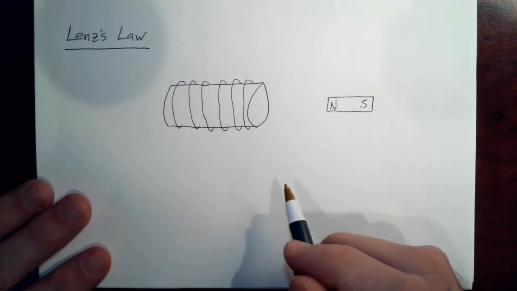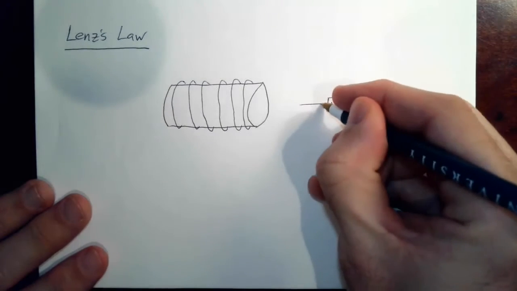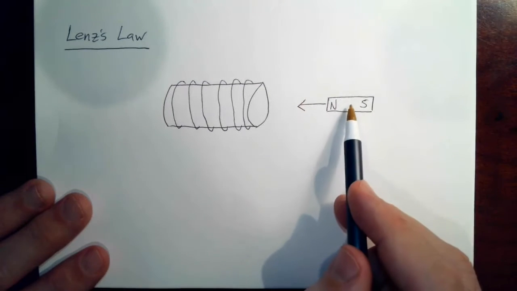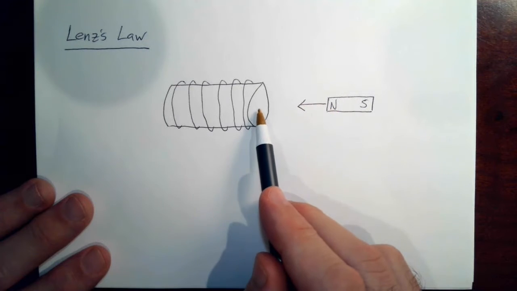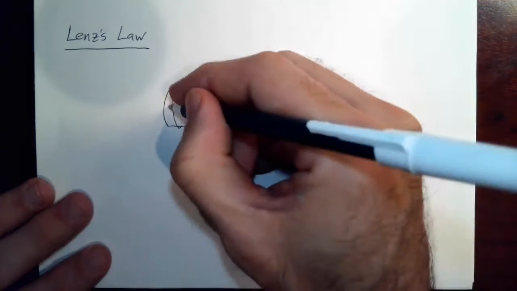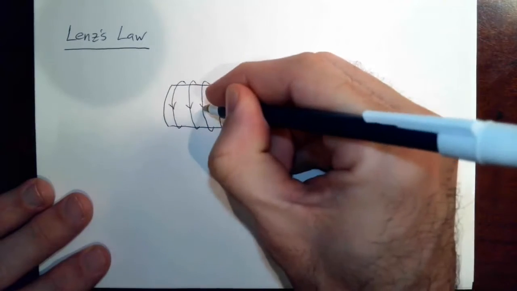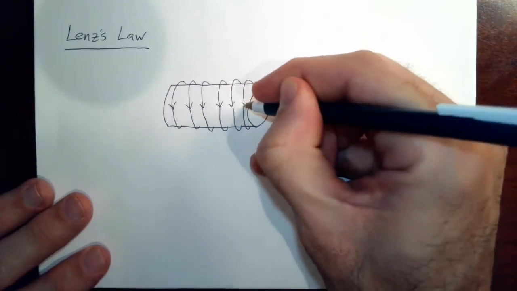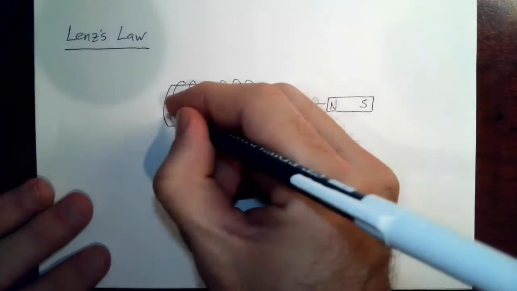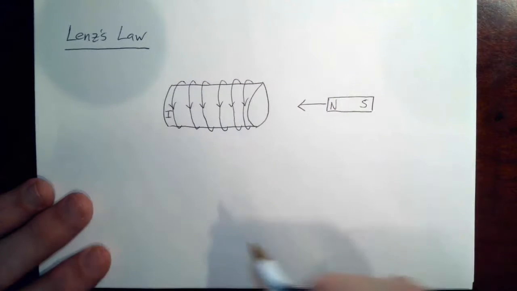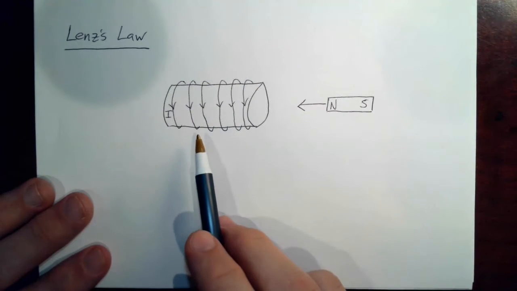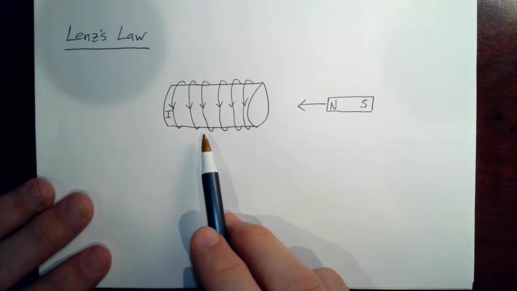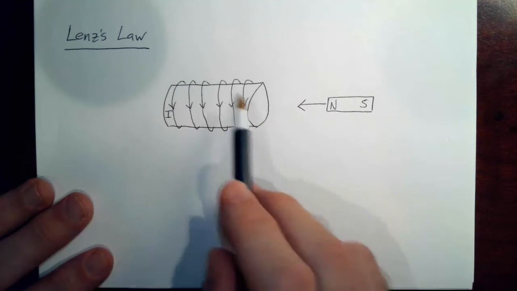But here's how Lenz's law works. As I move the north end of this magnet towards this coil, I know right away that the current and the EMF is going to be in this direction. So how did I figure that out so quickly without doing any math at all? That's Lenz's law, the shortcut.